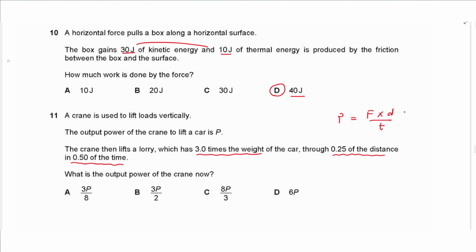In the upper part we multiplied by 3 for the force, and then we multiplied by 0.25 for the distance, and then we multiplied by 0.5 in the denominator. Or we can say that the power will be multiplied by 3 times 0.25 over 0.5, which gives a ratio of 3 over 2. So we choose 3 over 2 P, which is B here.